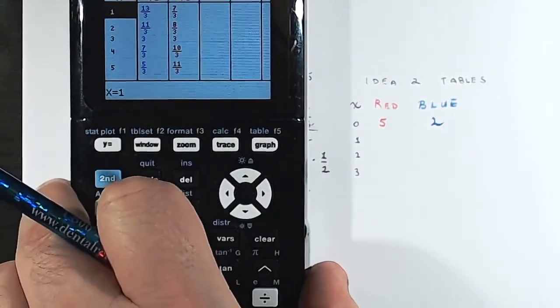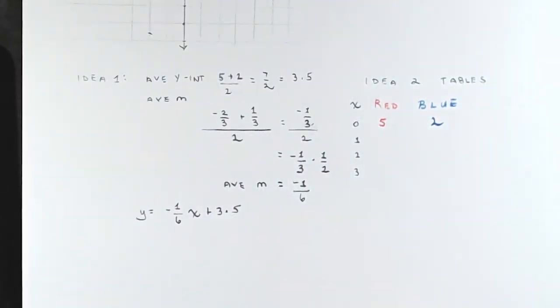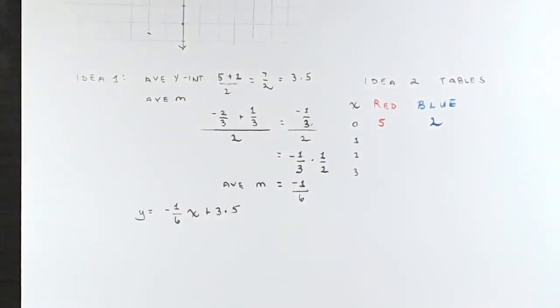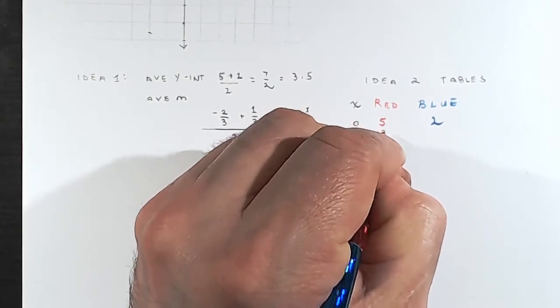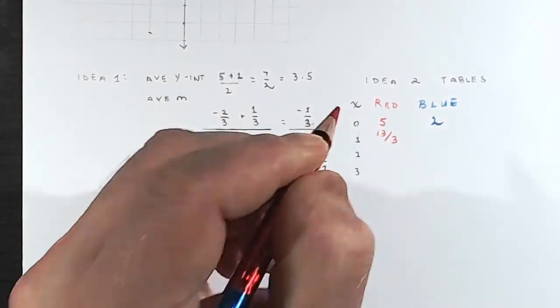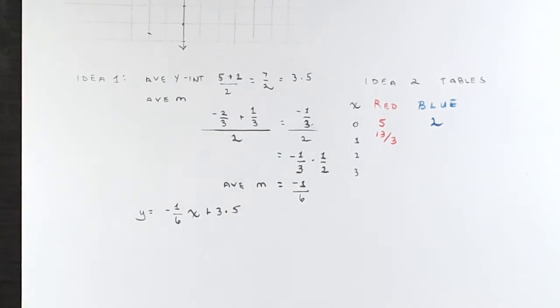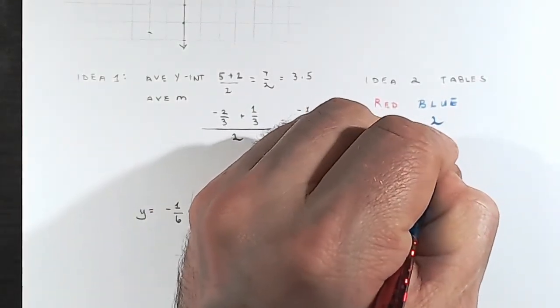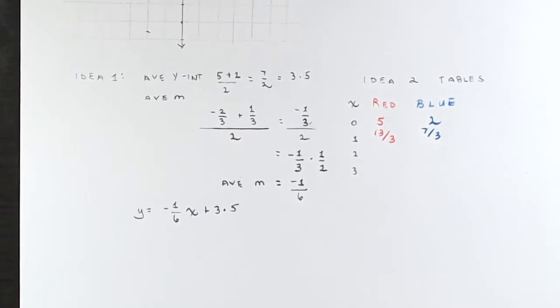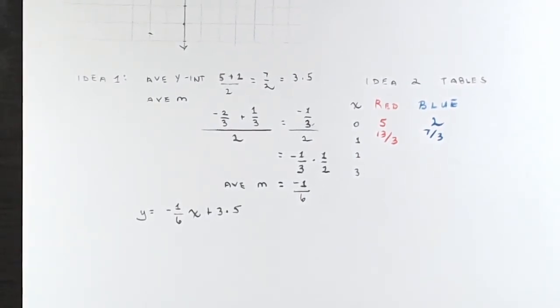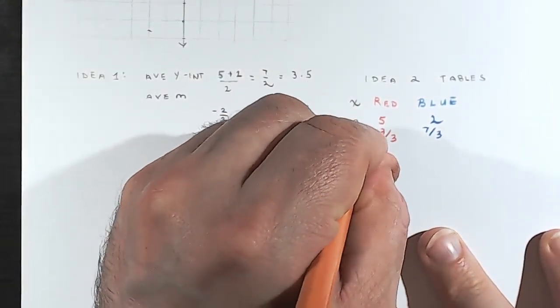So when x is 1, for my first equation, y is 13/3. And my blue equation, it's 7/3. Okay, well, we should only really need 2 of these points, shouldn't we? So we only need 2 points to create a line, so that's enough right there.